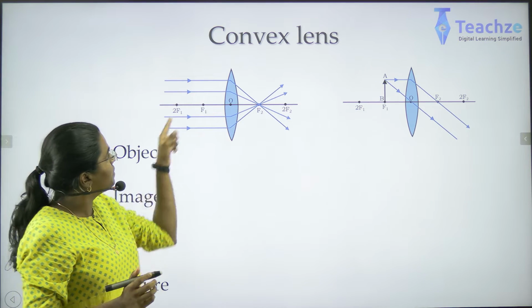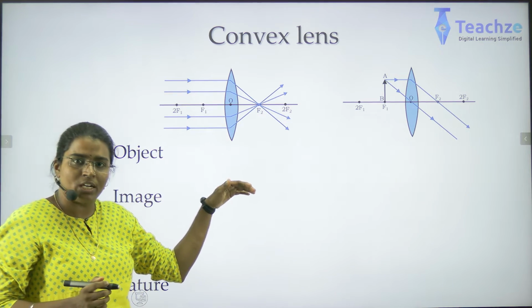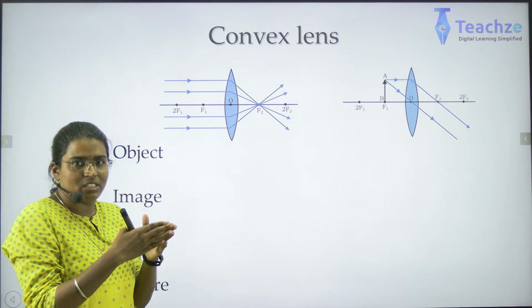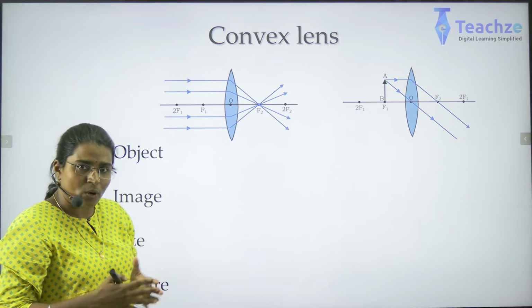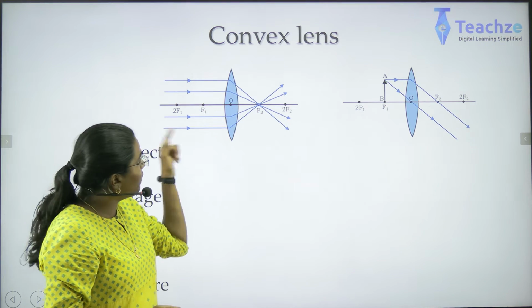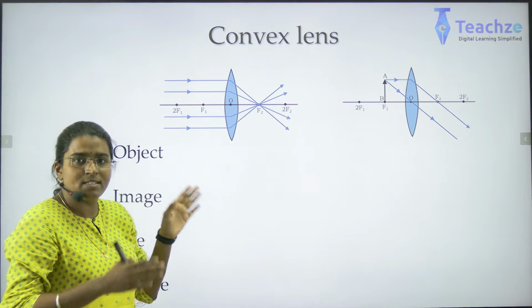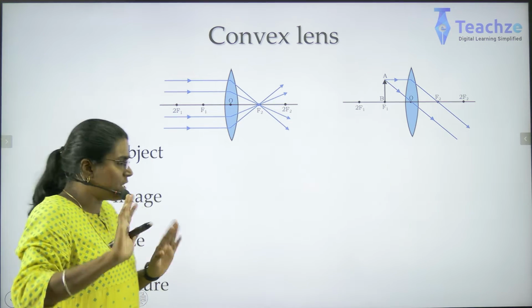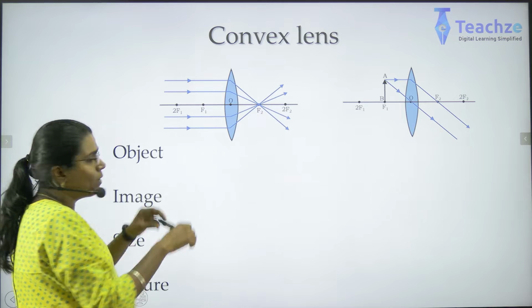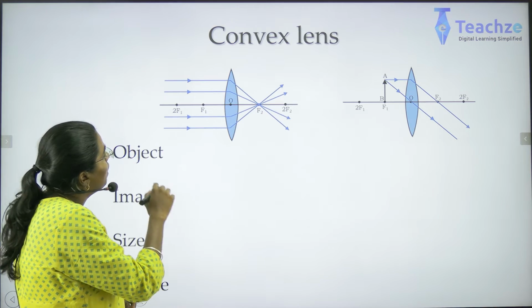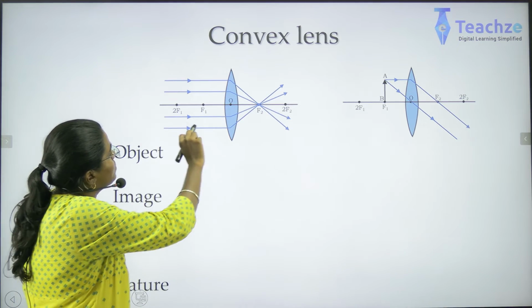And whenever the rays are parallel to the principal axis, they converge at focus, and after passing through the focus, they will go parallel to the principal axis. Very good. That is all. Only 3 cases.